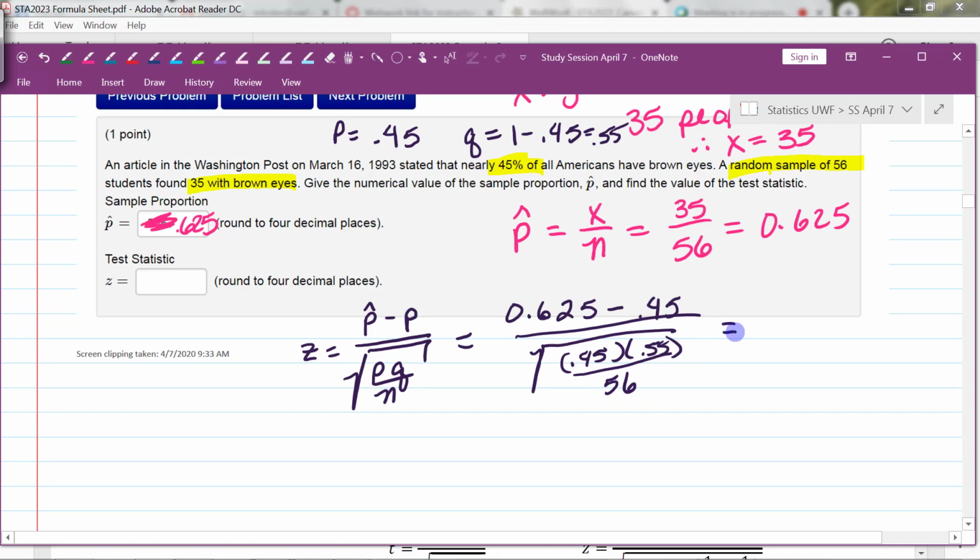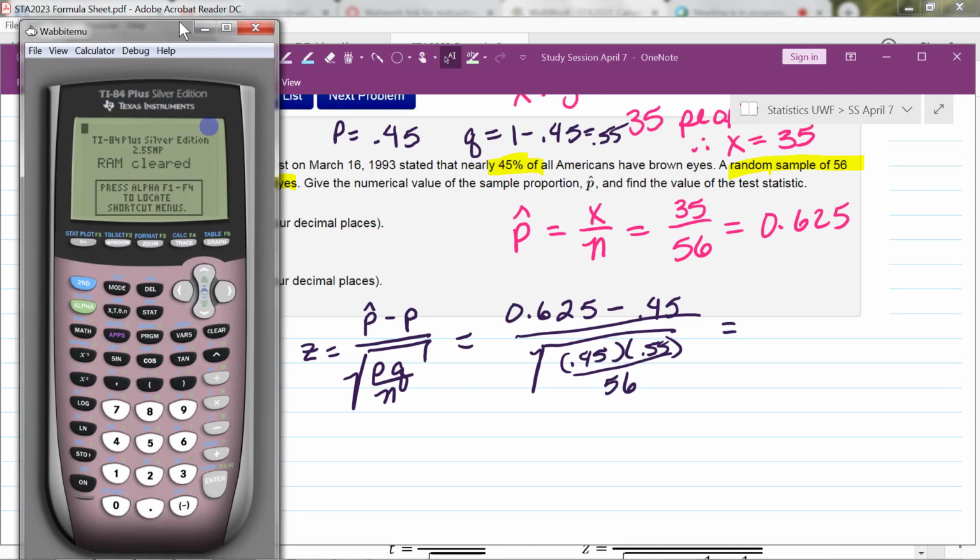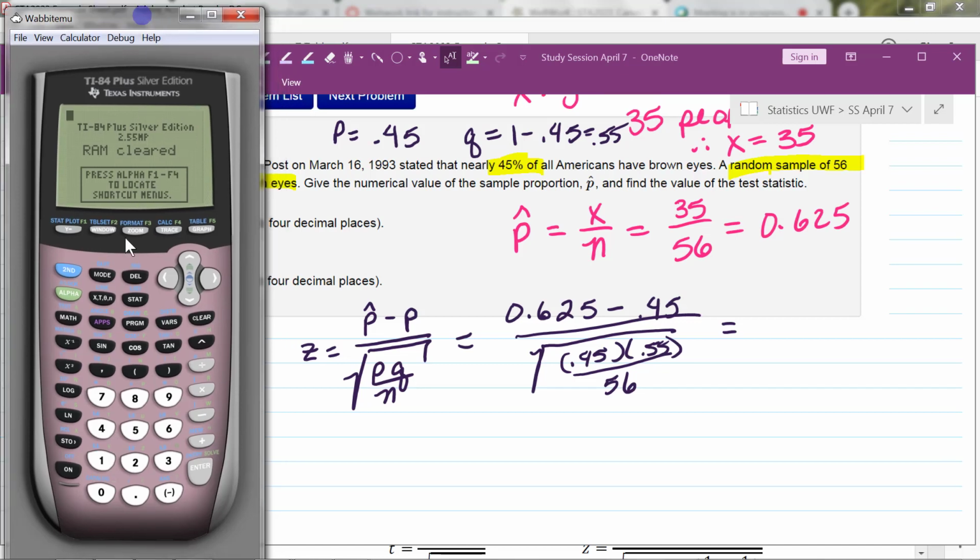So we're going to grab our calculator, turn it on, clear it out. Make sure you overuse parentheses.